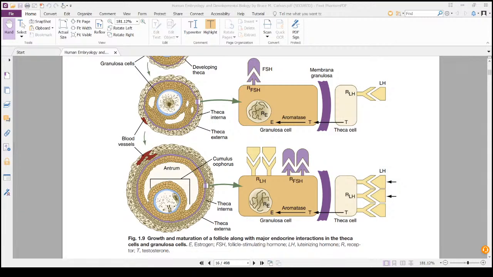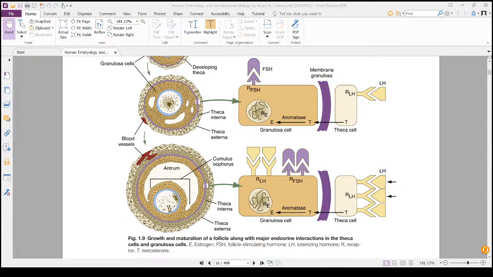Just look here. Since the granulosa cells express FSH receptor, under the influence of FSH they will synthesize an enzyme, a protein known as aromatase. This aromatase converts testosterone to estrogen, that is 17 beta estradiol, simply known as estrogen.